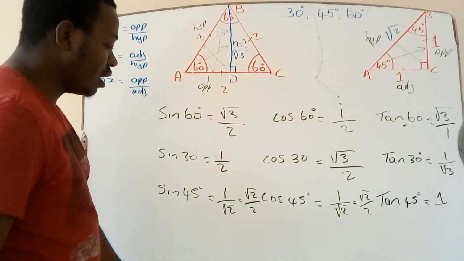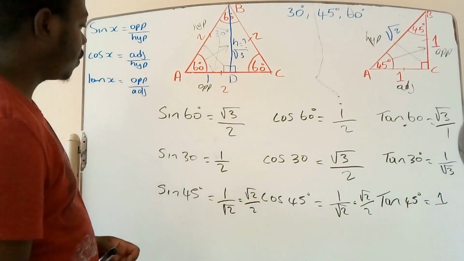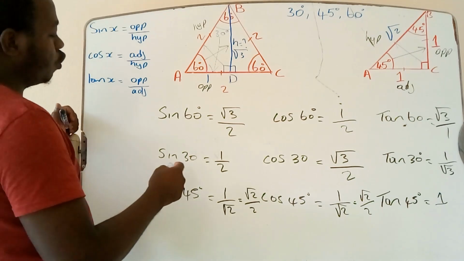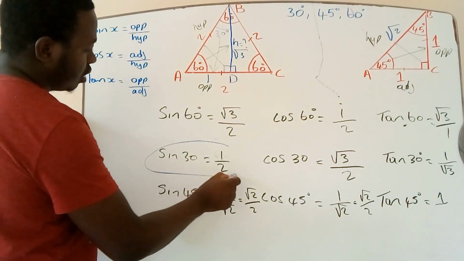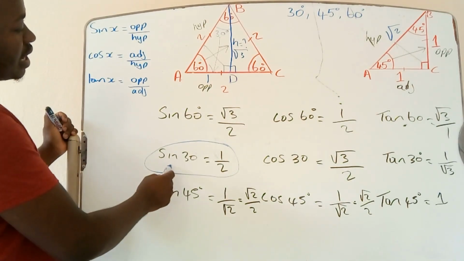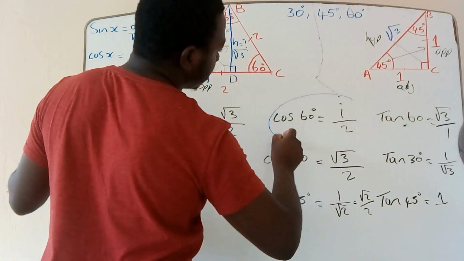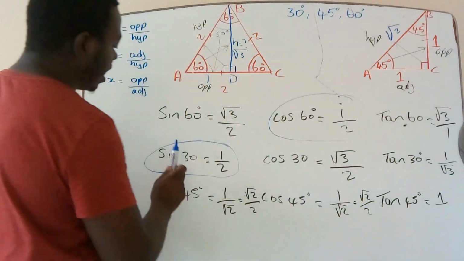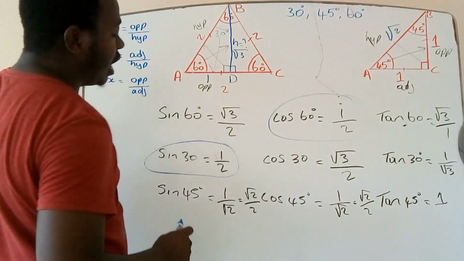Now, there's something interesting happening between these angles. Note here, if you observe sine 30, you can say that sine 30 degrees is equal to cos 60 degrees, because sine 30 is equal to a half, and also cos 60 is equal to a half.